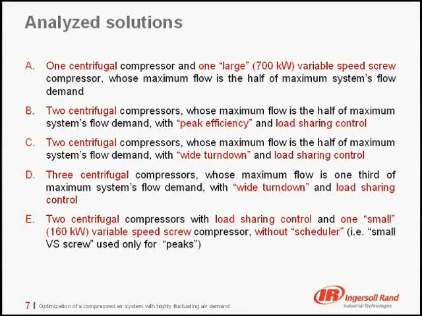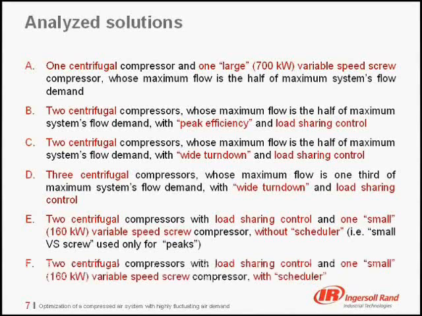In this case the compressors are not controlled by a scheduler. It means that the small variable speed rotary is used only to cover the air demand peaks. The sixth and last solution considers the same compressors as solution E, but in this case the three compressors are controlled by a scheduler.